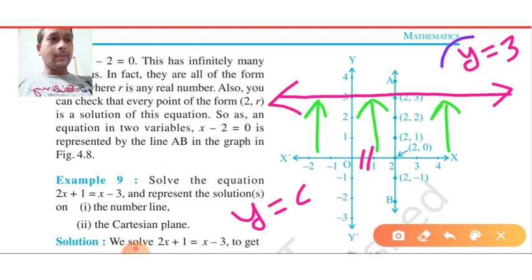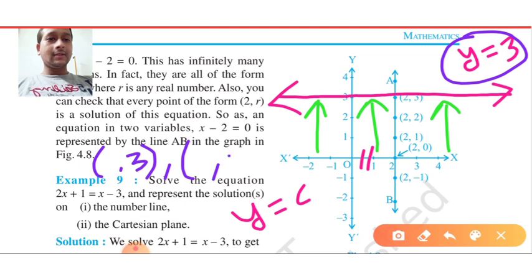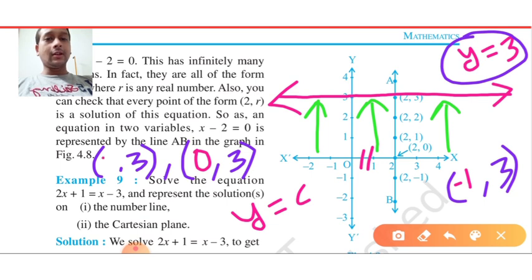So y will be fixed at 3, and you can have different values of x. You can take this one as -1, here you can take 0 also, here you can take 2 also, but the y coordinate always remains the same. So this is a line parallel to the x-axis. Okay, thank you.